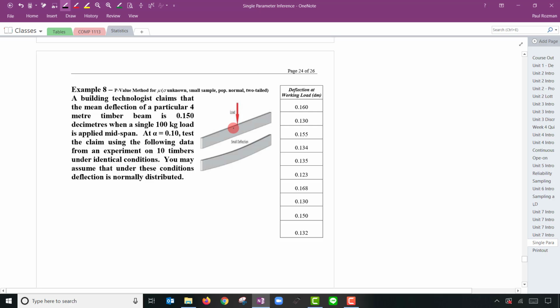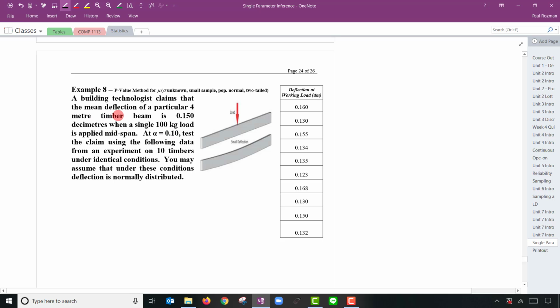And we're just putting the same load each time on, I guess, similar beams. So how many times did we do this test? Only 10 times. So we tested the deflection of 10 different beams with a 100 kilogram load applied to their center. And now we'll do some sort of test.